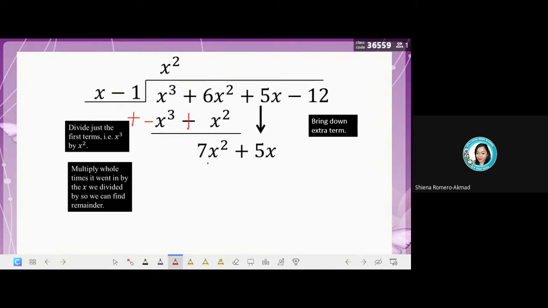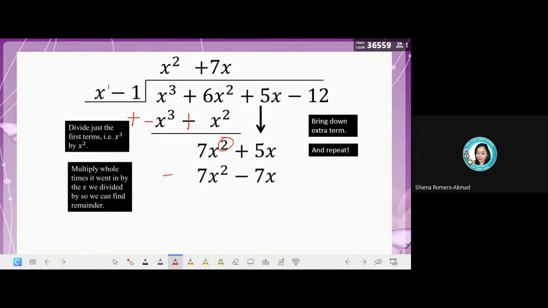Kaya naging 7x squared. Then, bring down 5x. Tapos, divide first to first. O, technique, minus 1 lang sa exponent. Kasi, 1 lang naman yung exponent nito eh. So, mag-minus ka lang dito. Pag nag-minus ka dyan, 7x na lang. 7x times x minus 1.